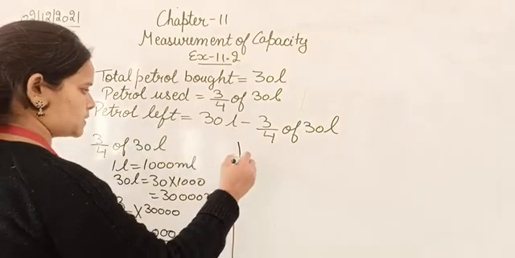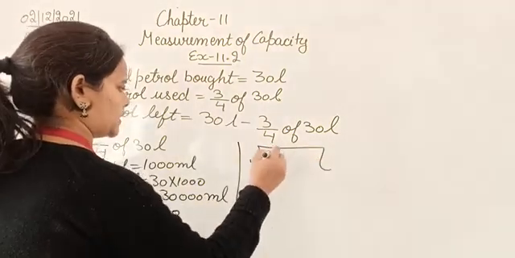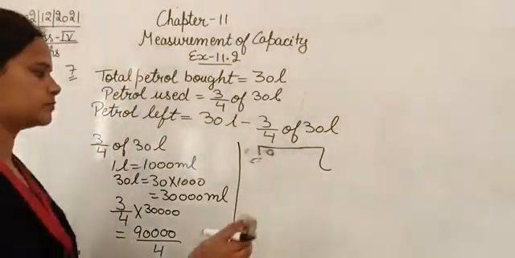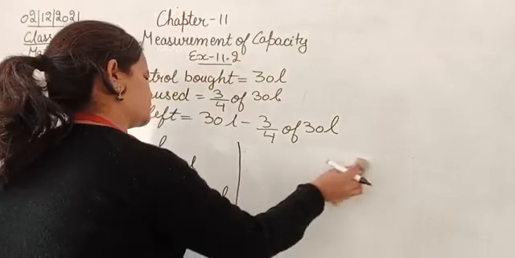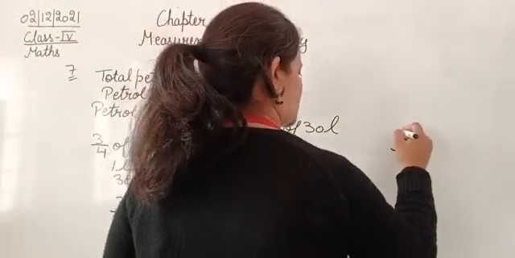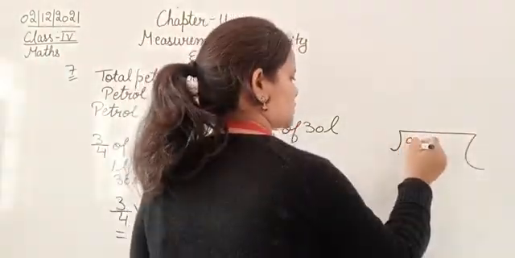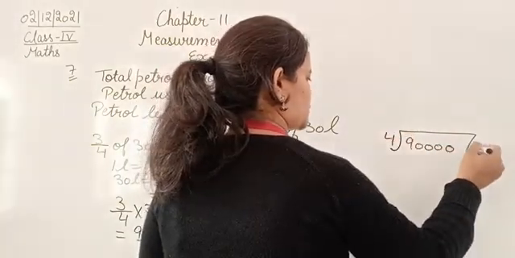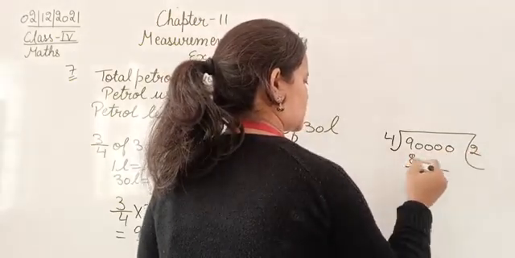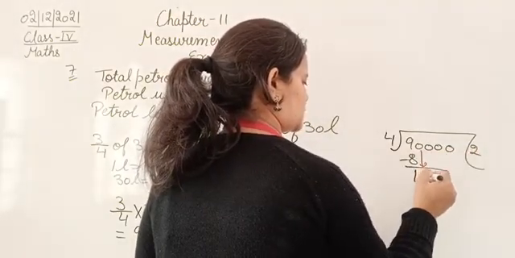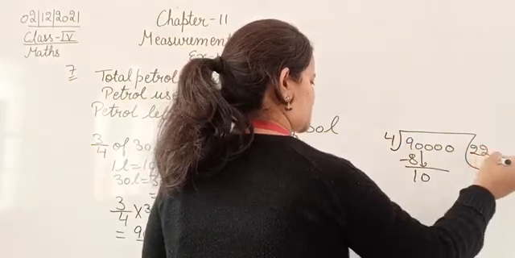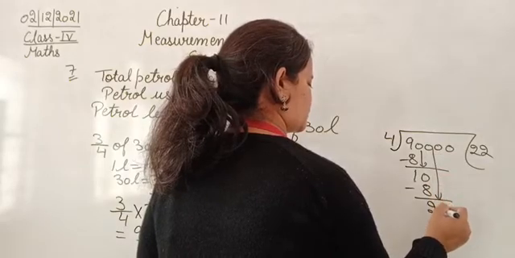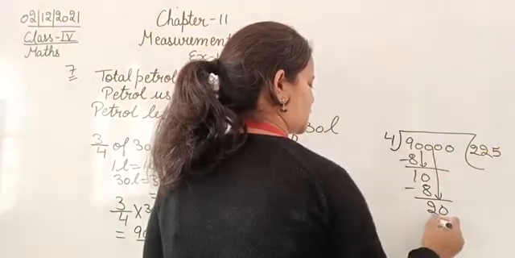So 90,000 divided by 4. 4 twos are 8. 1, bring down 0. 4 twos are 8. This is 2. 4 fives are 20.